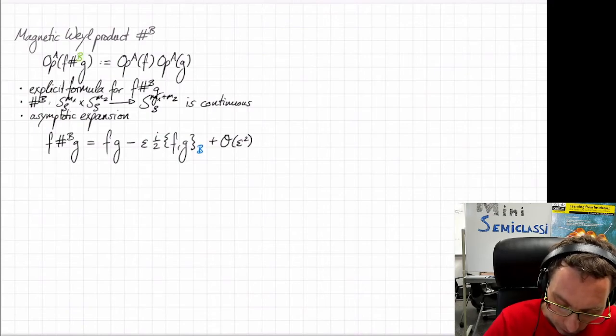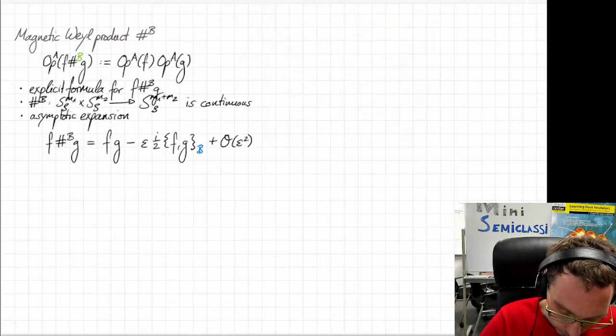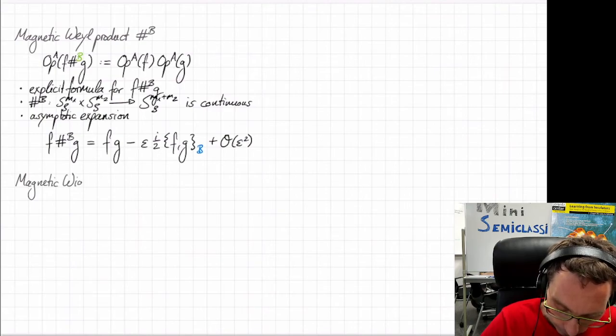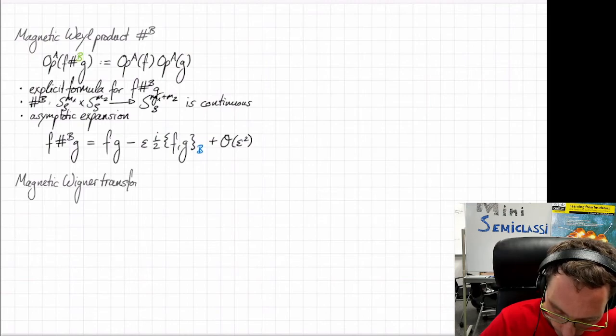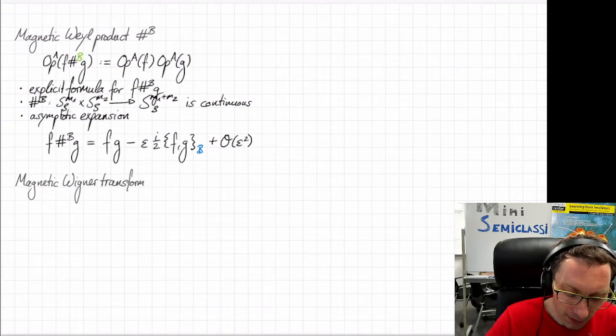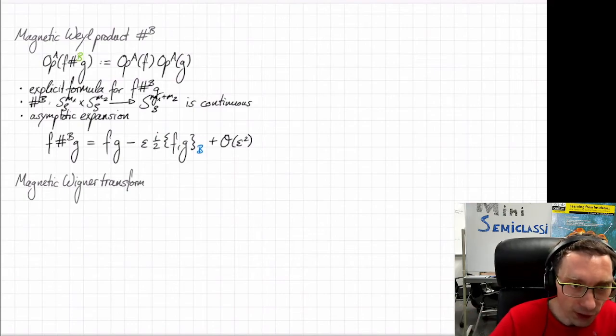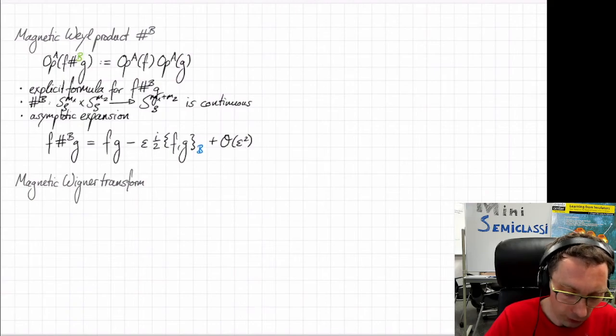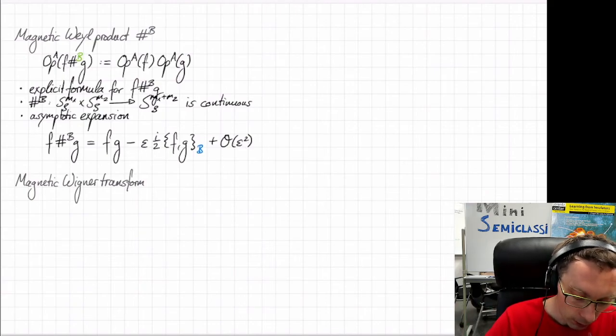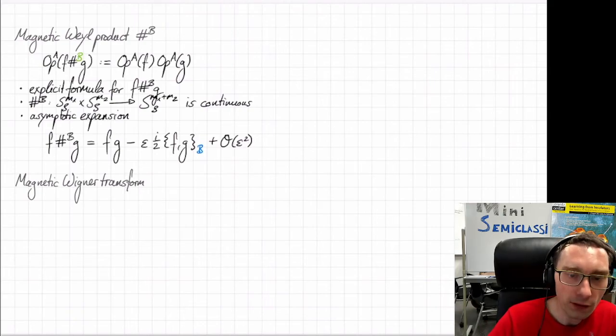And then let me just mention this, and I will not give many more properties. There's also a magnetic Wigner transform. Now, all of this might seem a bit vague, but the takeaway message should be for you that there exists a magnetic Weyl calculus, a magnetic pseudodifferential calculus that is optimized for systems with magnetic fields.